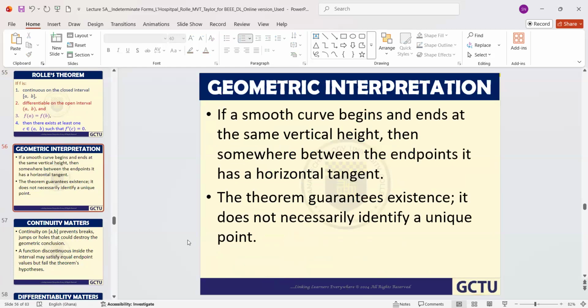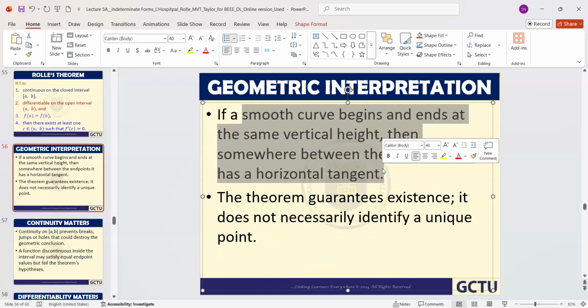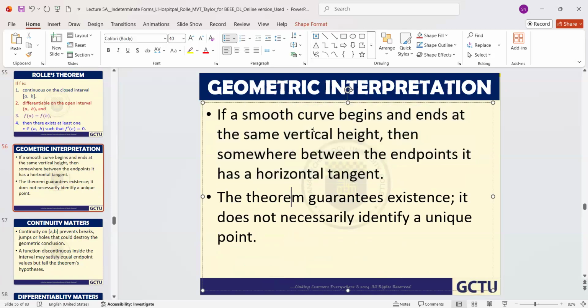first of all, let's look at this interpretation, and we take an example. If a smooth curve begins and ends at the same vertical height, then somewhere between the endpoints, it may have a horizontal tangent. Okay, so look, for example, if I draw a parabolic function, then you know that for a parabola, there's the minimum turning point. The curve is going to end either in the upper region of the y-axis.